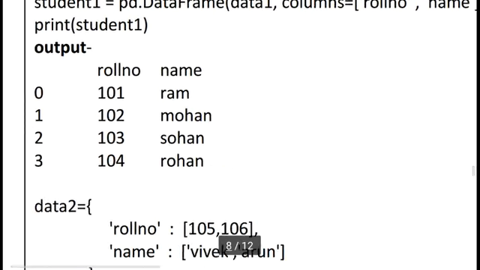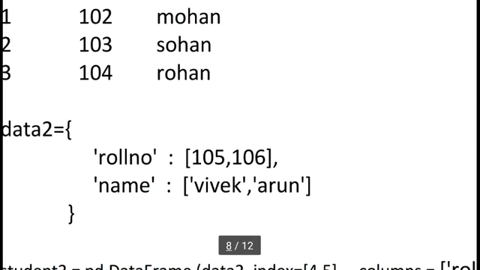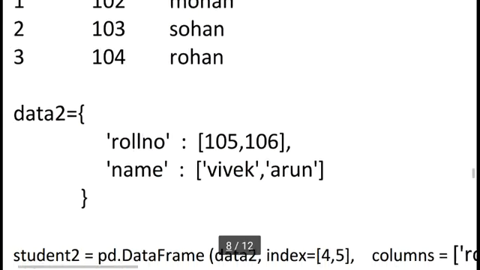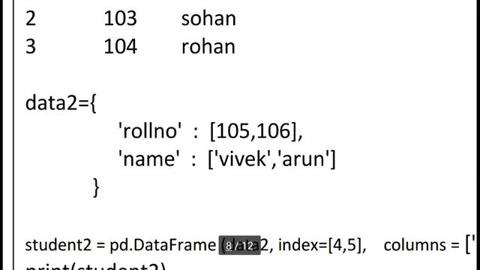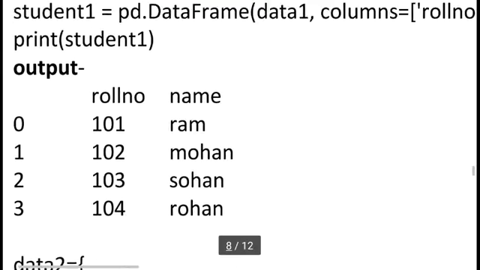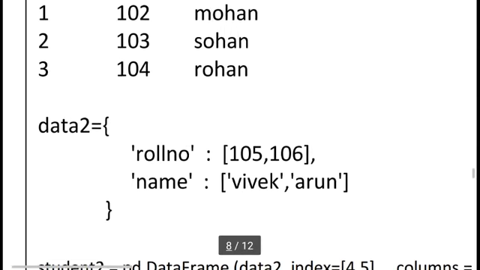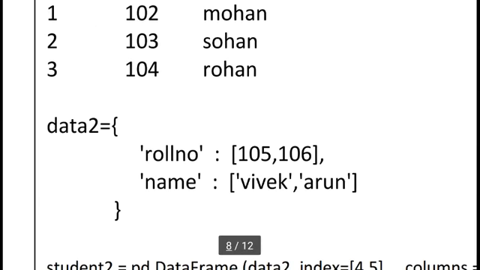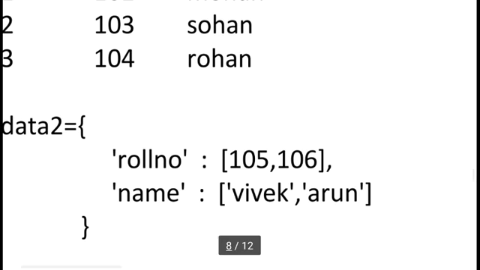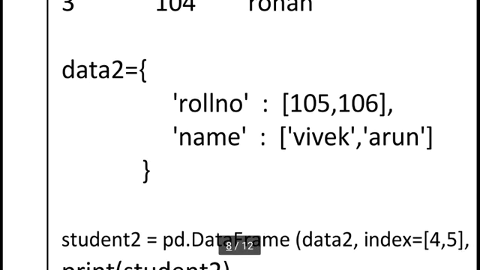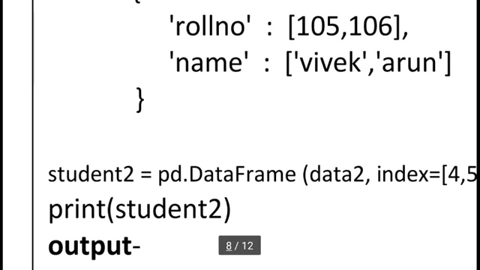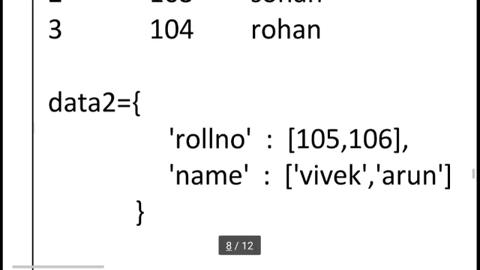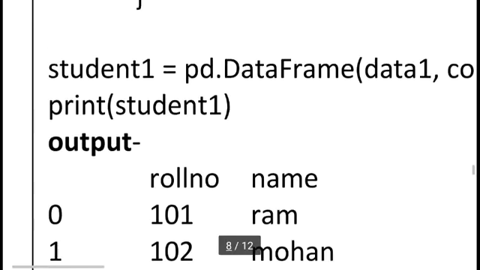But here I am taking data for another data frame. In this data frame, I am also taking two column names, roll number and name. The important thing here is that the roll number and name column names must be the same. And in this data frame 105 and 106 and the new names Vivek and Arun. This is another new data frame and the name of this new data frame is student 2. Last time the data frame name was student 1.